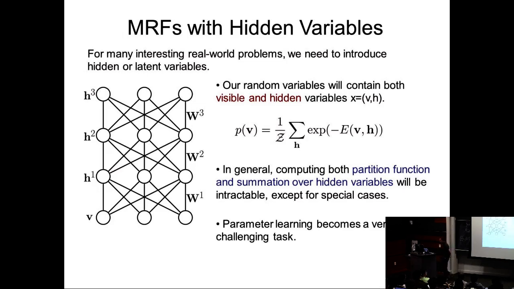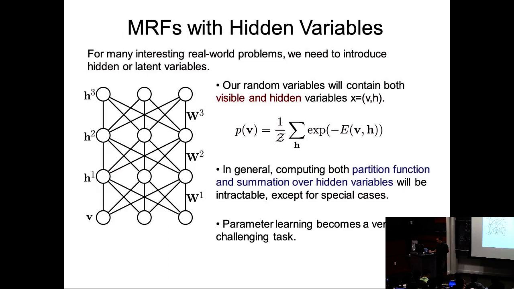Now, Markov random fields with hidden variables. For many interesting problems, we're going to be introducing latent or hidden variables. Here is an example of a setting where your random variables contain both observed variables and hidden variables. Think of the observed variables as representing pixel intensity, some data that you see, and then you have these hidden, latent variables. They're stochastic random variables. They can take different values, but they're hidden.